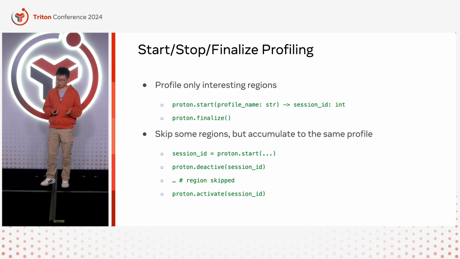We can deactivate the profiling session by calling proton.deactivate. After that, all the GPU kernel costs will not be monitored and will not be accumulated into the profile. Then if there are other regions we are still interested in, we can reactivate it by supplying the session ID as an argument to proton.activate.